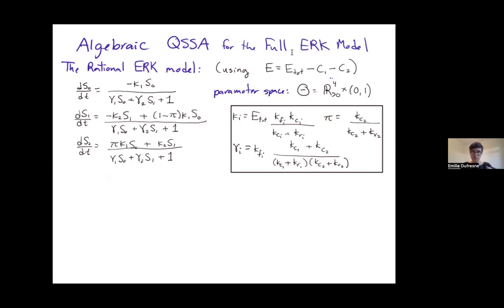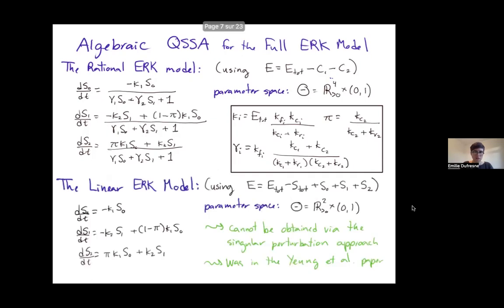If you start with this conserved quantity and you apply the process, you end up with this new model that I've written down, which is rational now, and has one less parameter. So we have 5 parameters: 2 of the kappas and 2 of the gammas, and then pi. And yeah, it is somewhat smaller, with fewer variables, and now we measure everything.